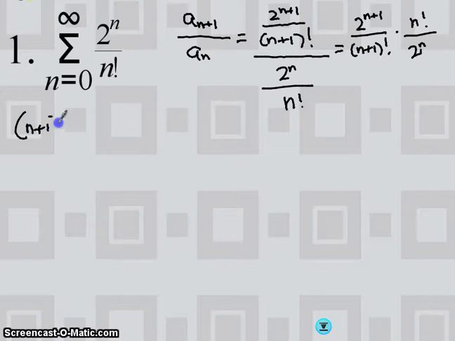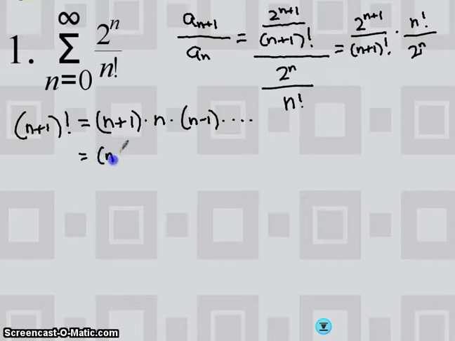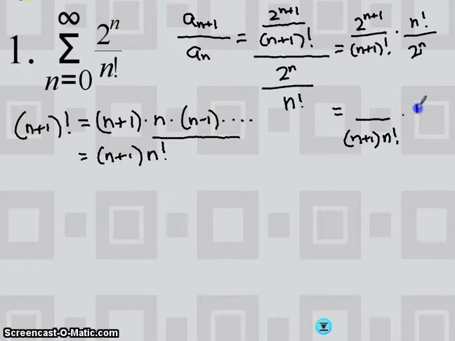n plus 1 factorial, what does that really mean? Well, that means n plus 1 times n times n minus 1 times, and on and on. So it's really equal to n plus 1 times n factorial, n factorial being the rest here. So if we rewrite that as n plus 1 times n factorial, you can see what happens with this n factorial.